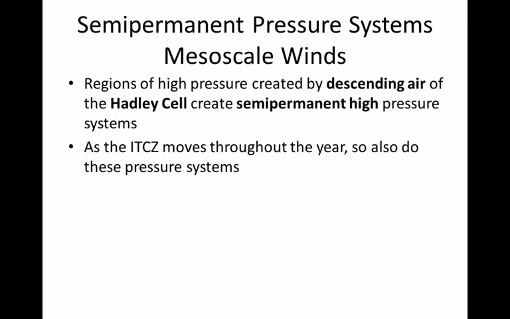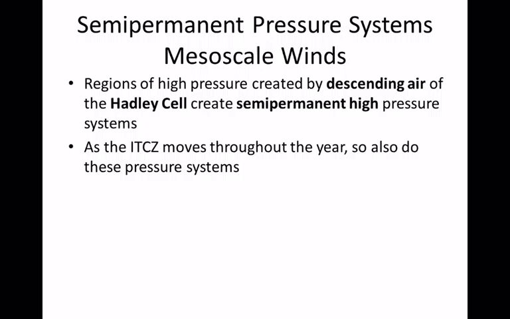So macro scale winds, planetary scale winds, that's what we've been talking about with the Hadley cell and the Ferrell cell and the polar cell, the three-cell model. Going back to this idea of a medium scale wind, a mesoscale wind, the mesoscale winds I want to talk about are created with this band of semi-permanent highs and this band of semi-permanent lows.